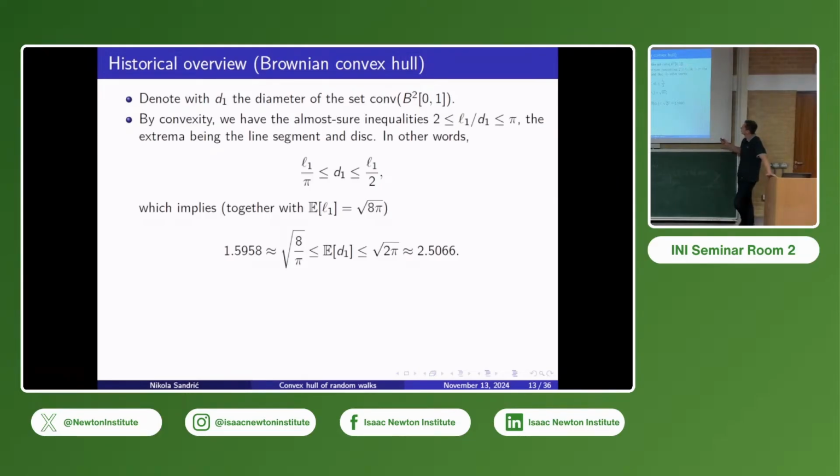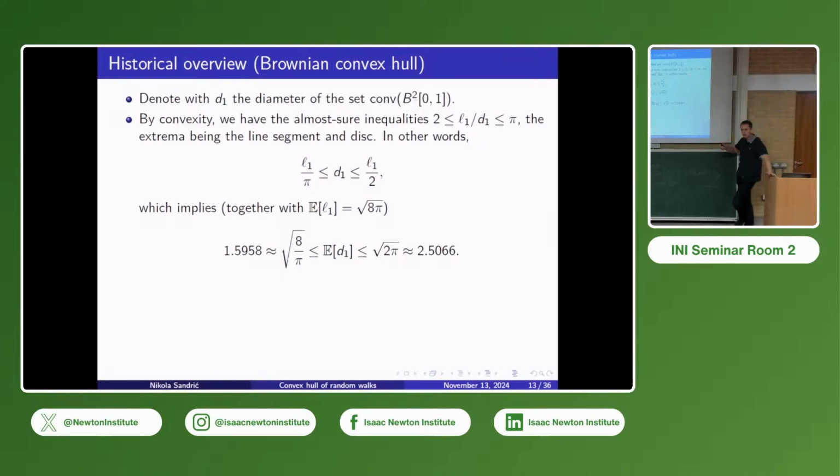First observe the following inequalities, which are quite trivial, I guess. This inequality says that the perimeter is between 2 times d and pi times d. Intuitively it should be clear how to conclude this, because among all convex shapes with diameter d, the one with the largest perimeter is the disk, and that one has perimeter pi times d.